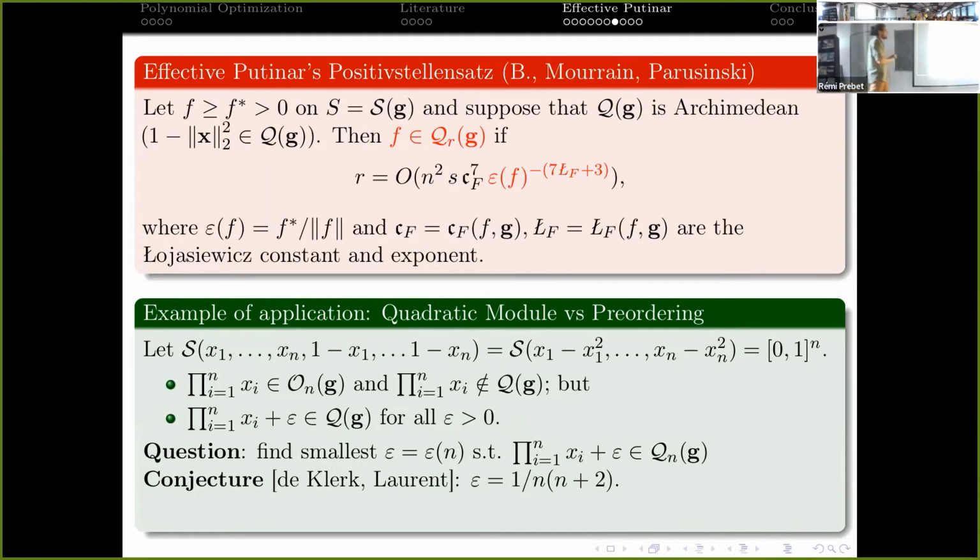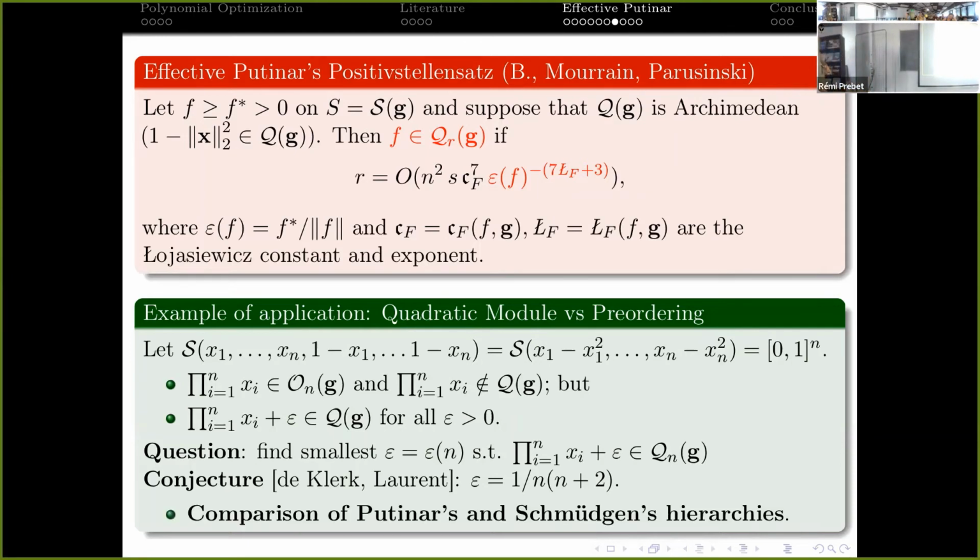It's okay to have the dependence on the Lojasiewicz exponent on the small f also here, because this will give better bounds. If you consider the worst case scenario when you use Markov inequality, you may lose a lot, while in these concrete cases, it's better if you have the dependence more explicit.